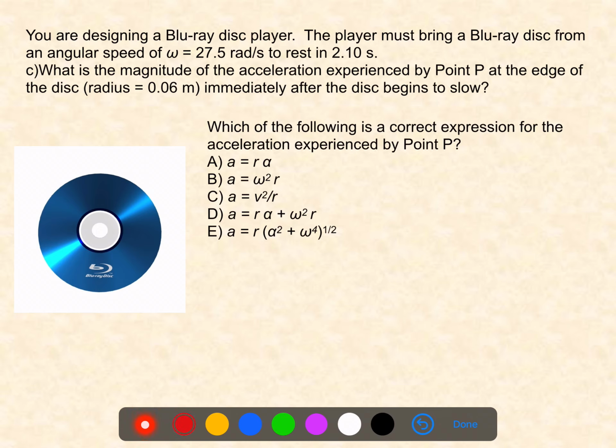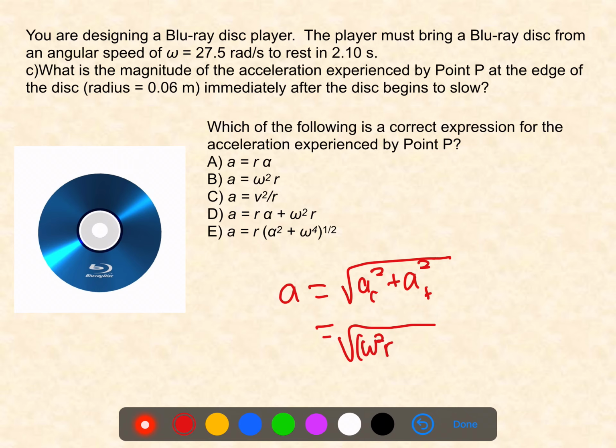So that my overall acceleration is going to be, as I said before, essentially applying the Pythagorean theorem, the square root of the centripetal acceleration squared plus the tangential acceleration squared, which we had these expressions for that we discussed, omega squared r being equal to the centripetal acceleration, and then r alpha being equal to the tangential acceleration. And if you simplify this expression here, you see that it corresponds to choice E.